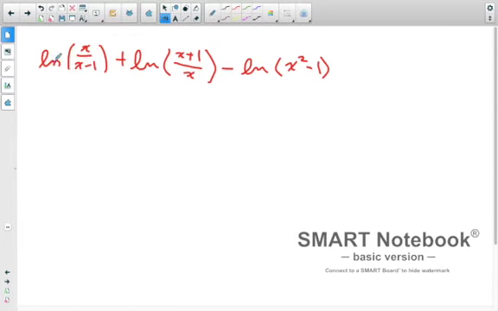So the first thing we're going to do is make this addition problem into a single logarithm. So that would be the natural log of, because when we add exponents, that means that we multiplied, x over x minus 1 times x plus 1 over x. Fantastic.